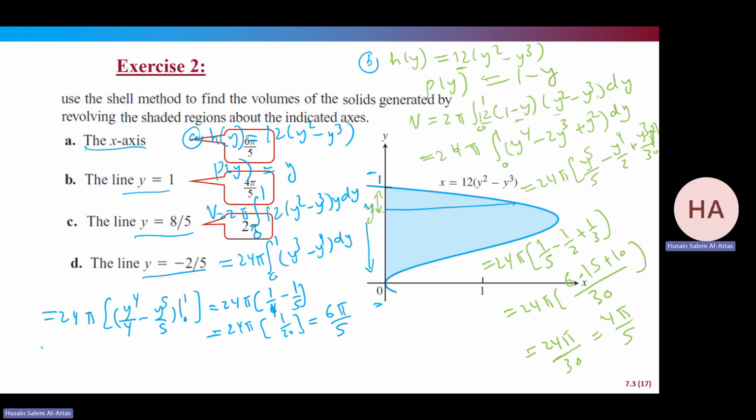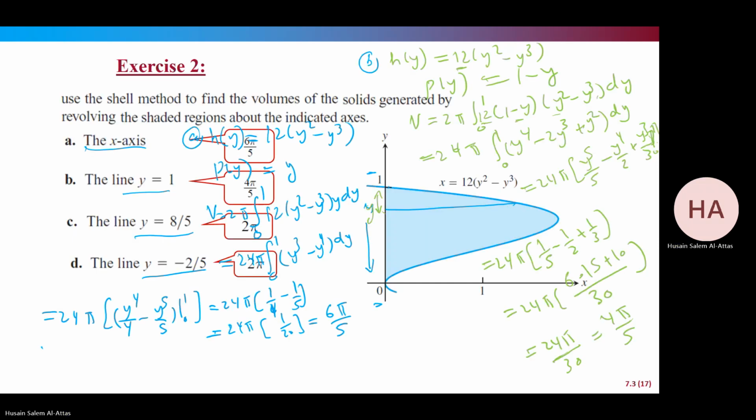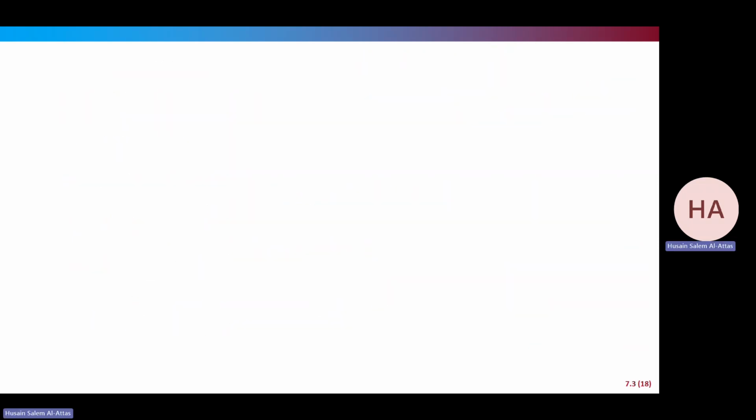Let me do the next one, 8 over 5. And the last one, 2 pi. Okay. So let me do these ones here. I need to do the graph. It's the same graph. Now part C. Hopefully I will not make a mistake in the calculation. Okay. I have the graph.